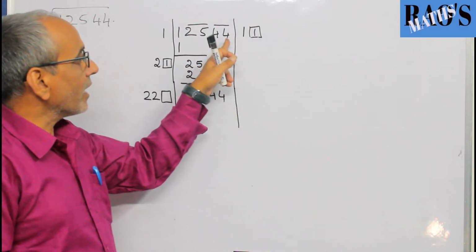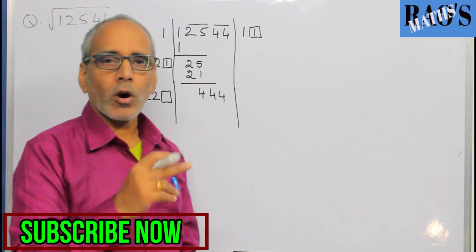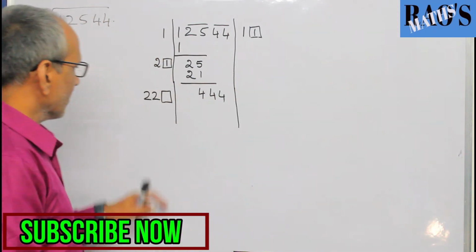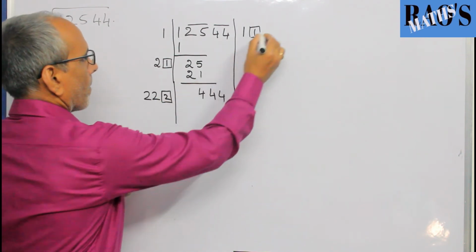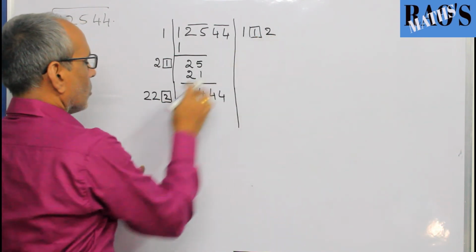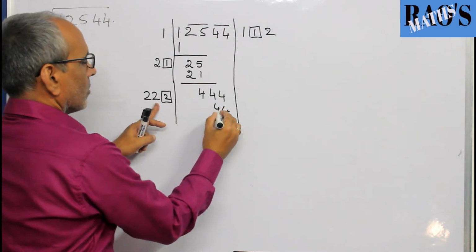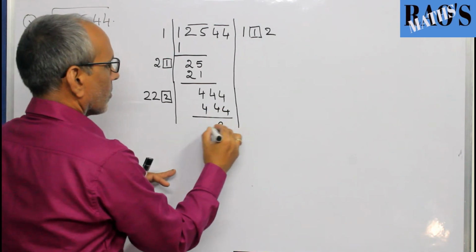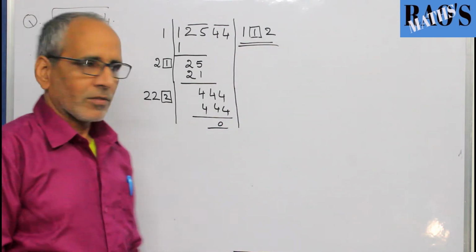So the number ends in 4. So the square root may have either 2 or 8 in the units place. My first option, if I write 2 here, 2 2s are 4, 2 2s are 4 again, 2 2s are 4. So the square root is 112.